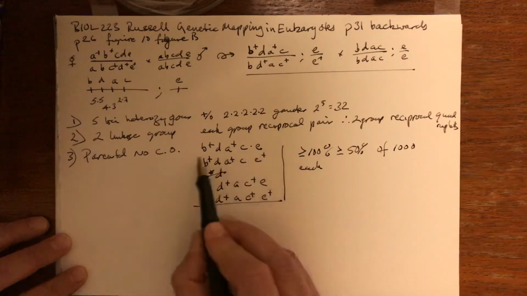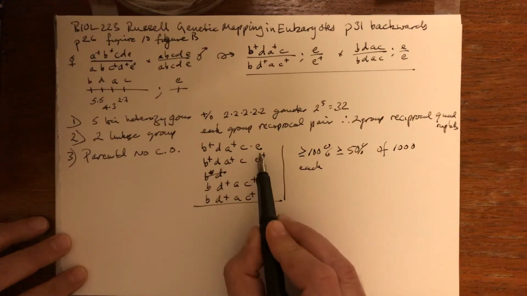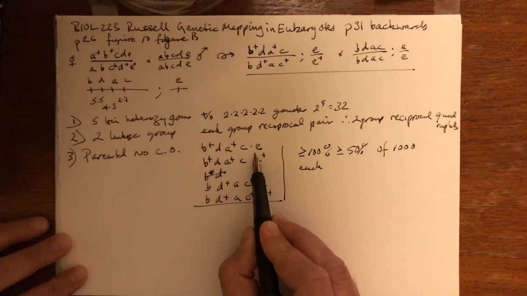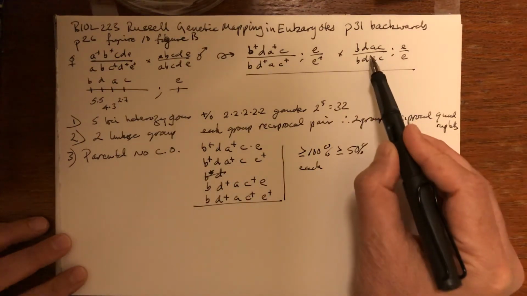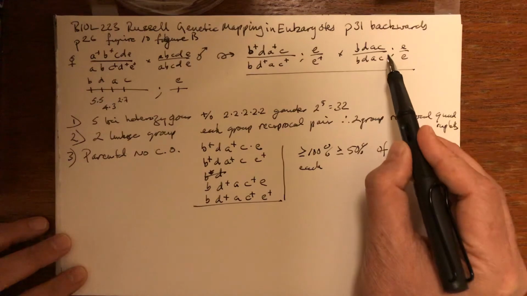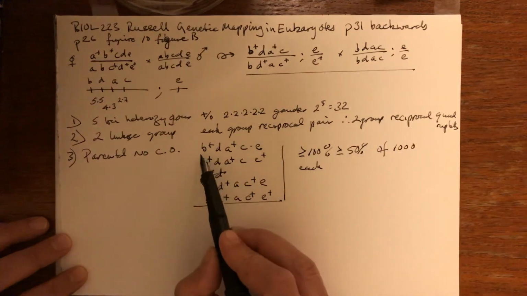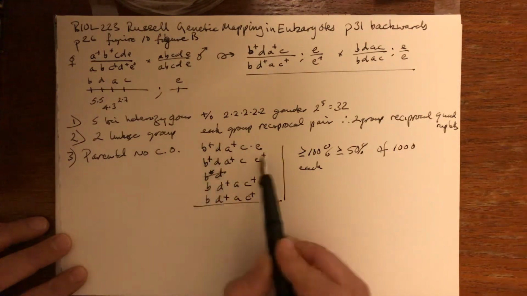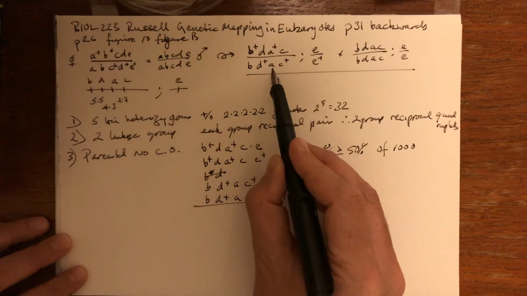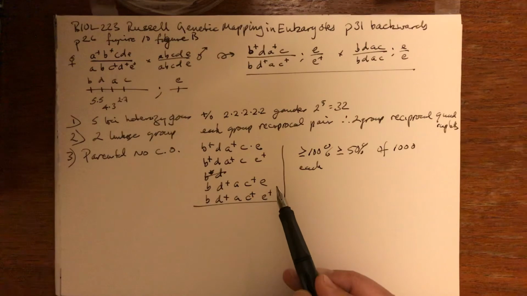Remember, what we're seeing here are the phenotypes of the progeny. And because it was a test cross against a homozygous recessive male, the phenotypes seen here represent the genotypes of the gametes produced by the female. Keep that in mind.